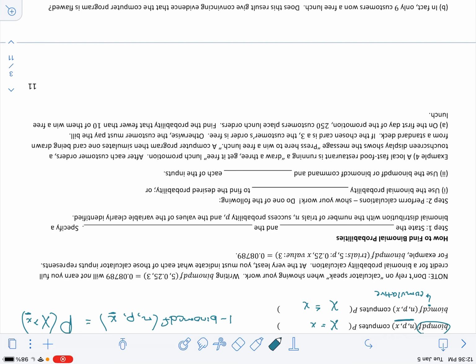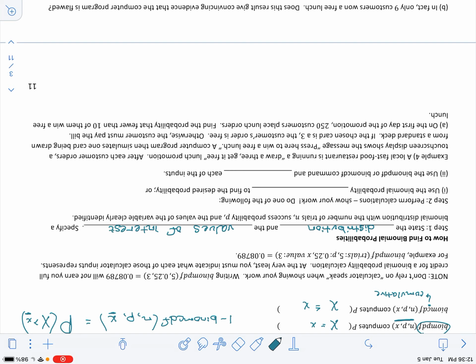So when you find binomial probabilities, there's a process that you should be doing. First of all, you need to state the distribution you're about to use. So far, binomial is all we know, but we will eventually get others. So you will state the formula you're about to use, the binomial distribution. You will state values of interest.